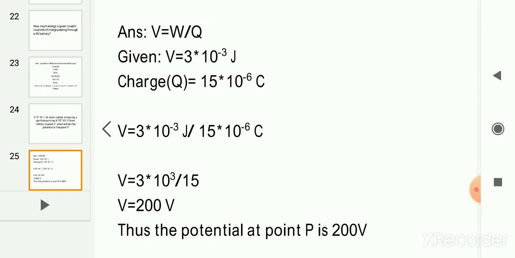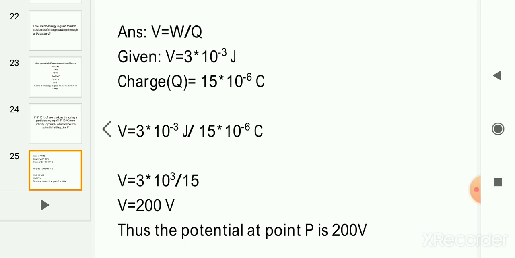See here again, V is equal to W by Q. W is given, 3 into 10 to the power of 3 joules. Q is equal to 15 into 10 to the power of 6 coulombs.